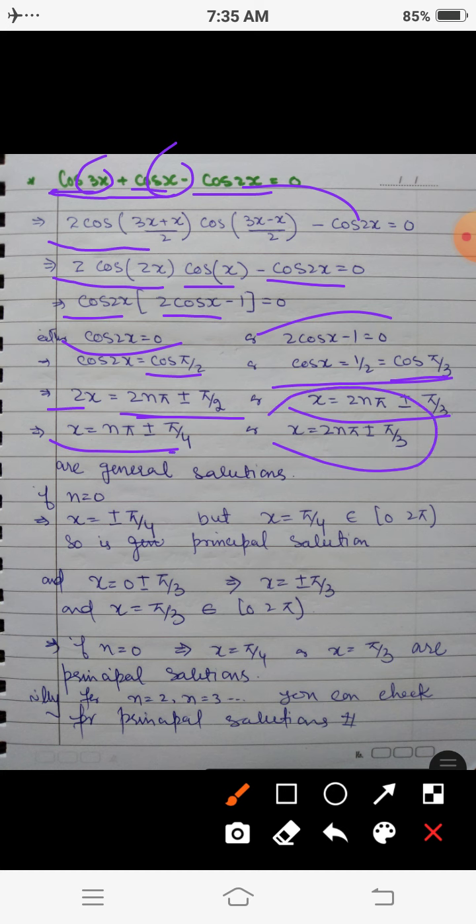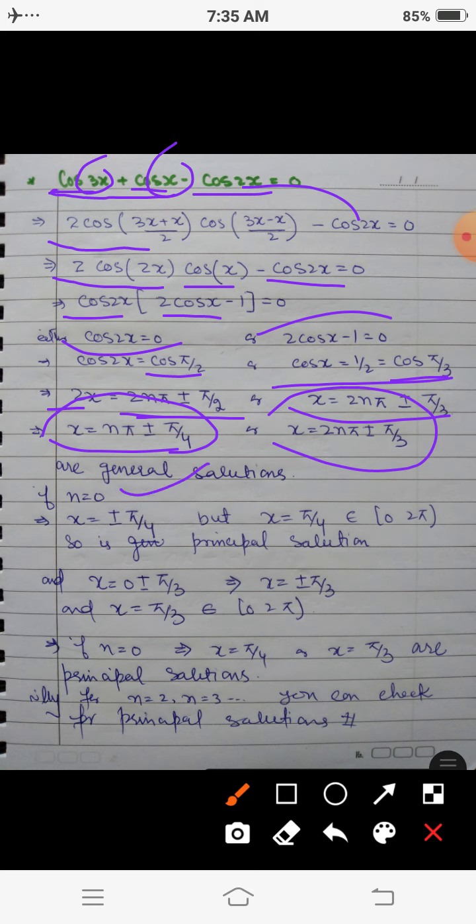So these are the general solutions for this cos 3x plus cos x minus cos 2x equals 0.